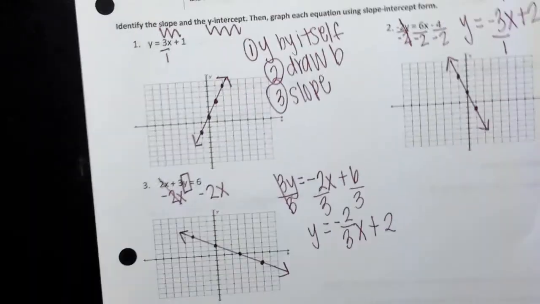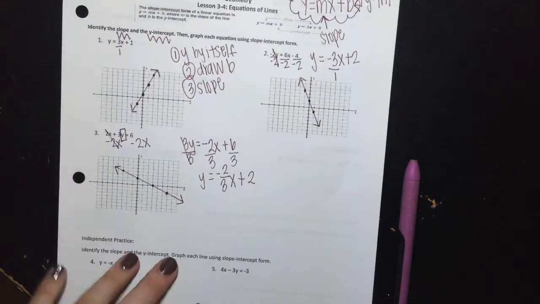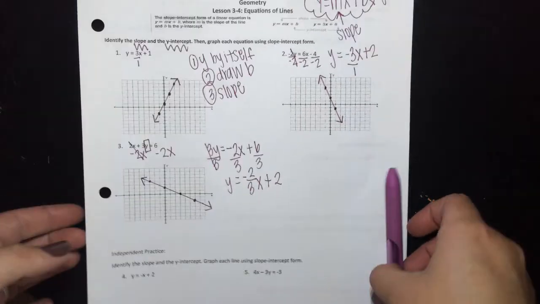What happened to your X? That's your slope. Let me see this one. Can you see it?